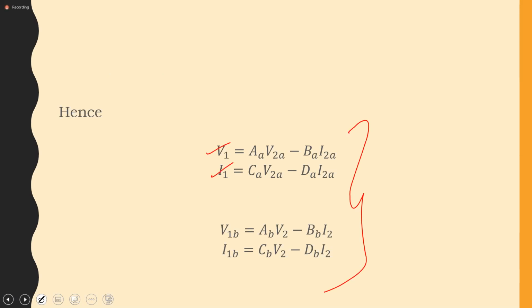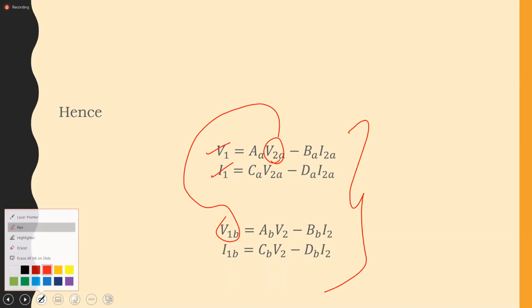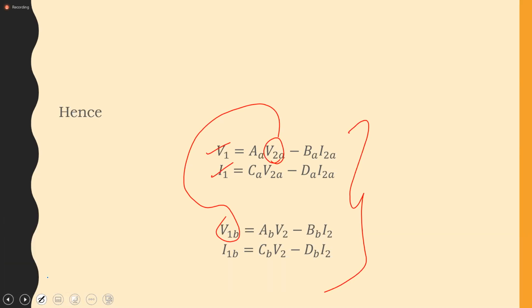We go back to the network, and in looking at the network, we see that V2A was equal to V1B. We also saw that I2A was equal to the negative of I1B. All right? So we are making those substitutions.